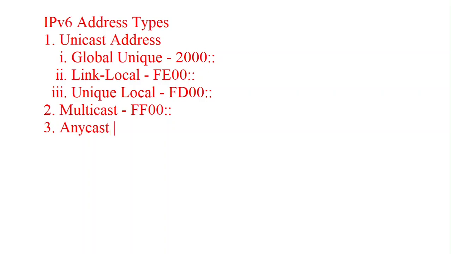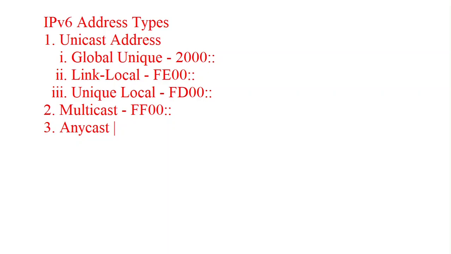We have anycast. While unicast addresses can only be assigned on one interface, with an anycast address the same address can be assigned to multiple interfaces, and you'll be routed to the interface that is closest to you, because the routers are going to use the IGPs to calculate the cost and find the shortest path to the closest interface.